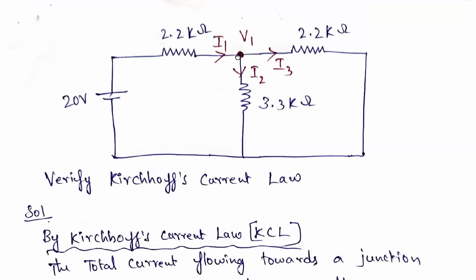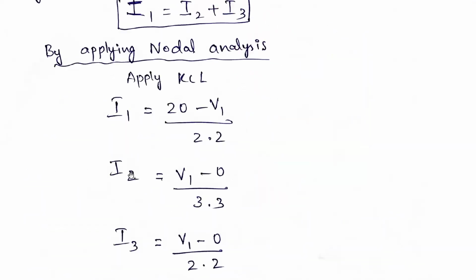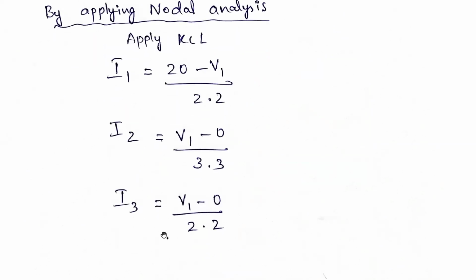Next, this potential we are considering as zero potential, grounded. So I2 is V1 minus 0 divided by 3.3 kilo ohms, and I3 is V1 minus 0 divided by 2.2 kilo ohms.